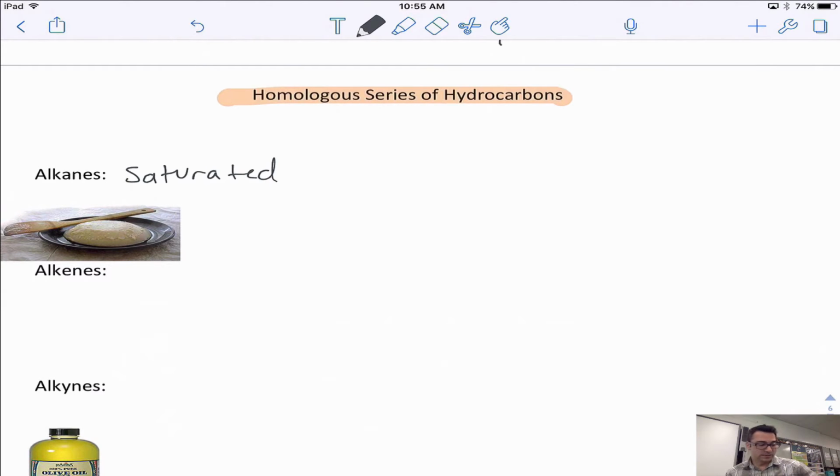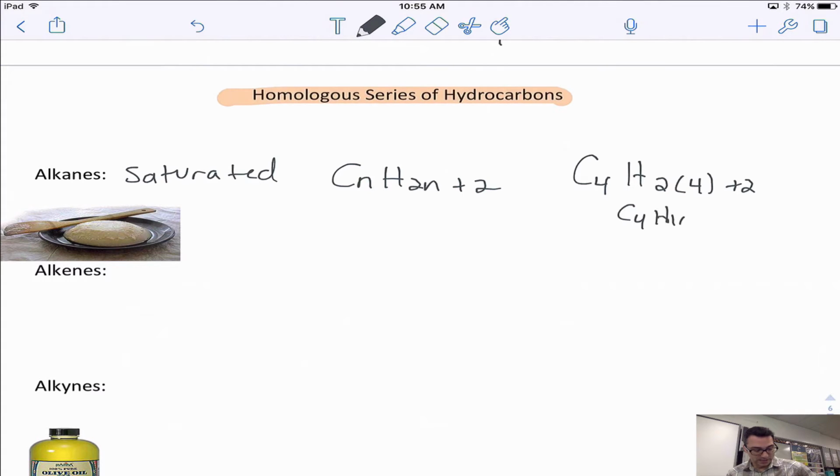This saturated hydrocarbon has a general formula of CnH2n+2. N is the number of carbons, and I can find the number of hydrogens. Take, for example, my butane, C4. I would plug that in: H, 2 times 4 plus 2, and that gave me my C4H10.